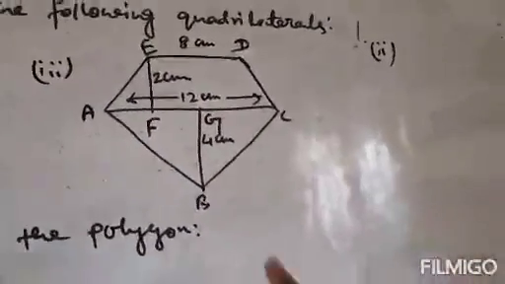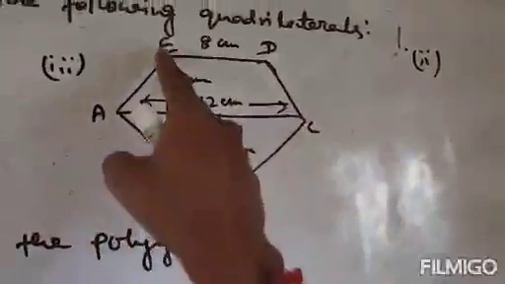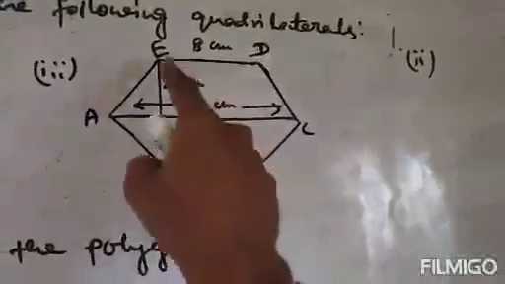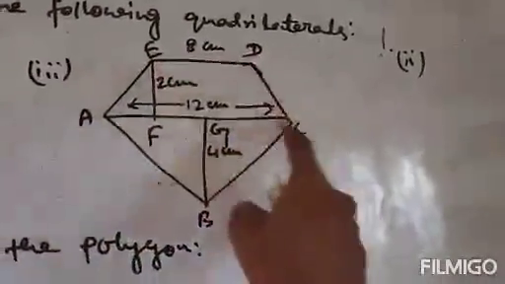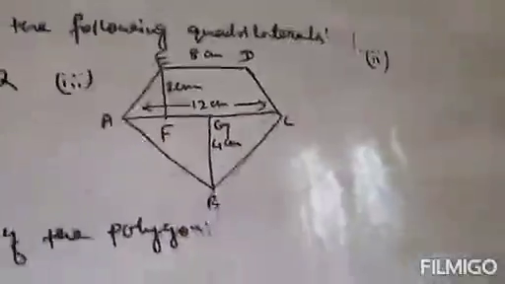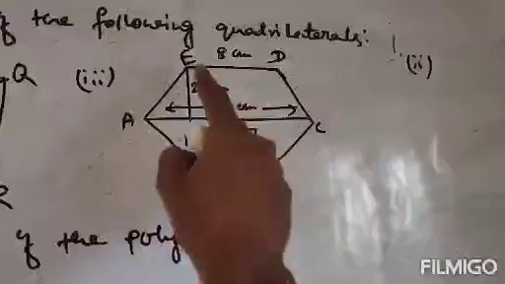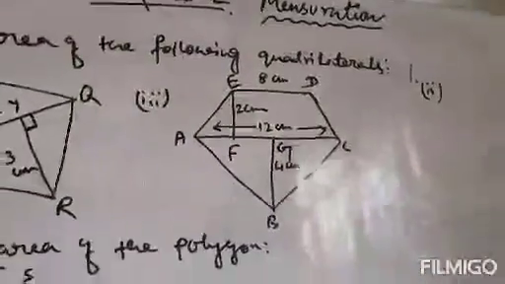The second method is to find the area of the triangle ACB, then the area of the triangle AEF, and then the area of the quadrilateral EDCF. Add the areas of these three.